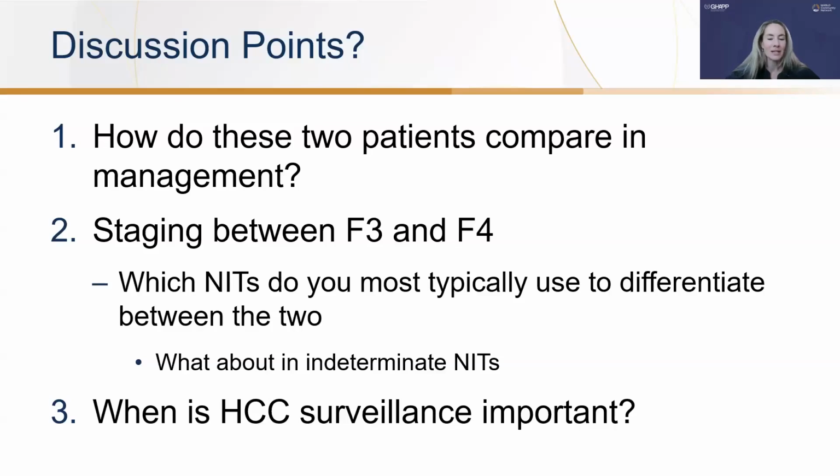But I think that at the end of the day, you have to really interpret these NITs in clinical context. Don't forget the patient in front of you: their history, their presentation, their physical exam, the labs you have, the imaging that you have, and then interpreting those NITs in that context to get an accurate picture. Again, HCC surveillance is important beginning at stage 3.